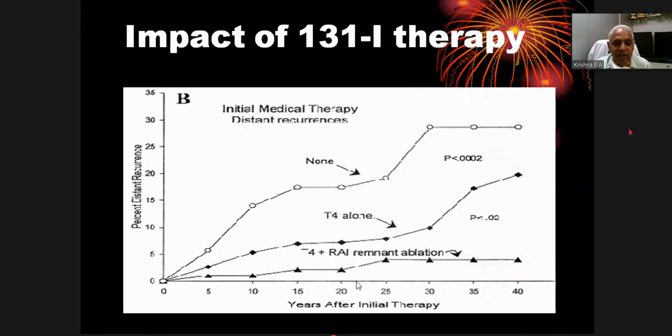With radioiodine therapy to eliminate the entire tissue, the recurrence rate is much less compared to those treated only with thyroxine. And when you do not give any treatment, the recurrences are very high. This scenario is very rare now. So T4 thyroxine versus radioiodine as a treatment, ablation therapy has a definitive impact on reducing the recurrences.